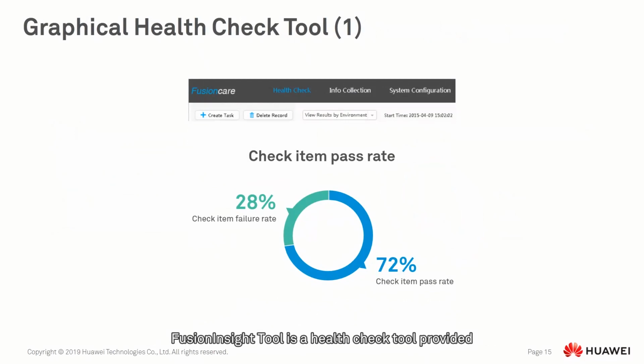FusionInsight tool is a health check tool provided for technical support engineers and maintenance engineers. It can check the health status of nodes and services in the cluster, detect potential problems in the cluster in advance, and generate a health check report.